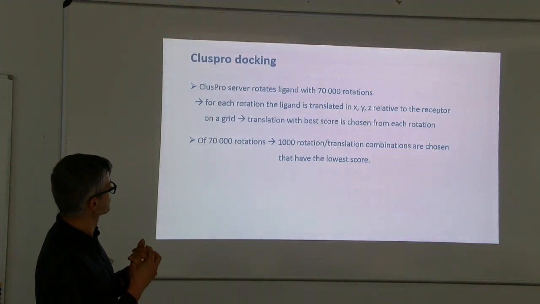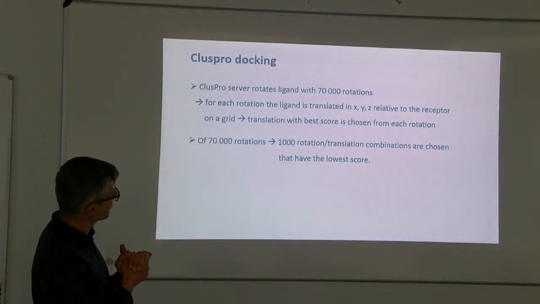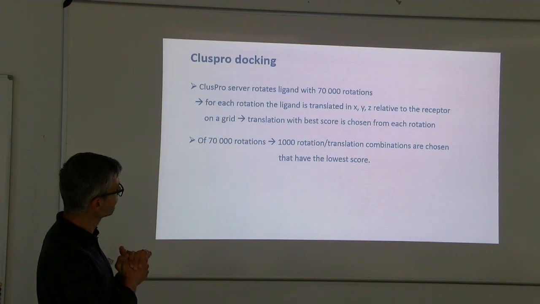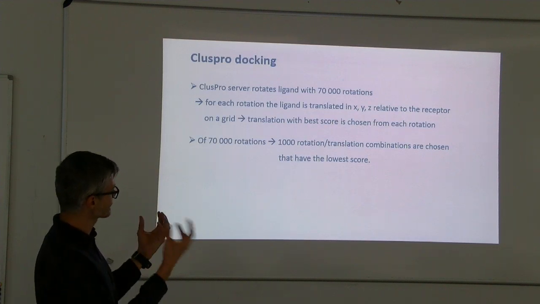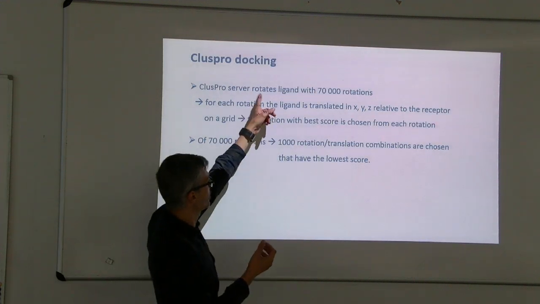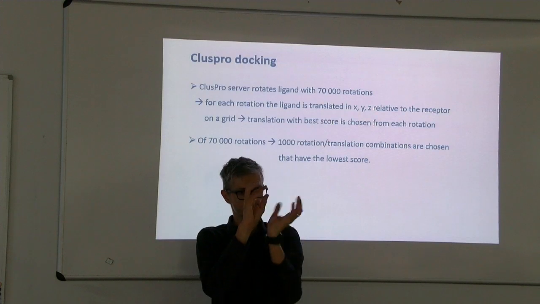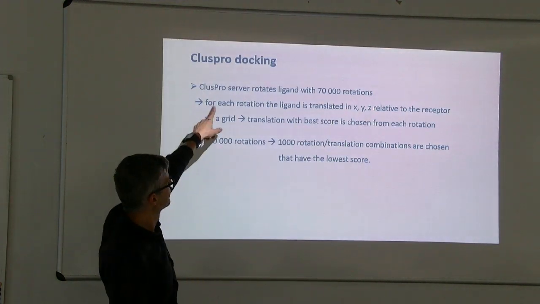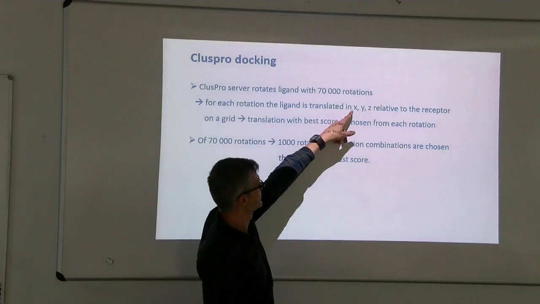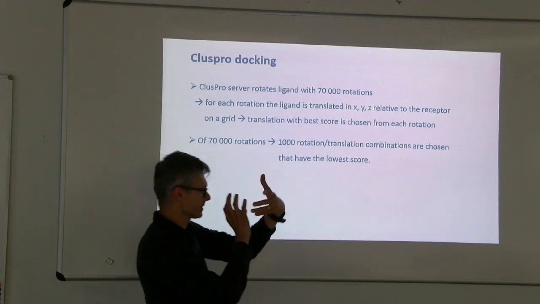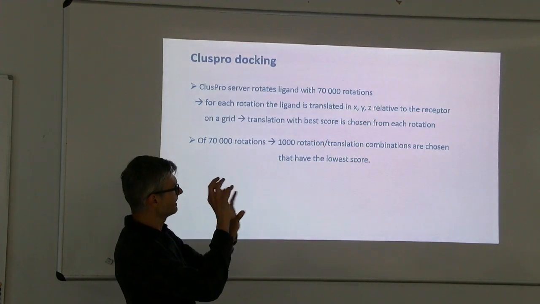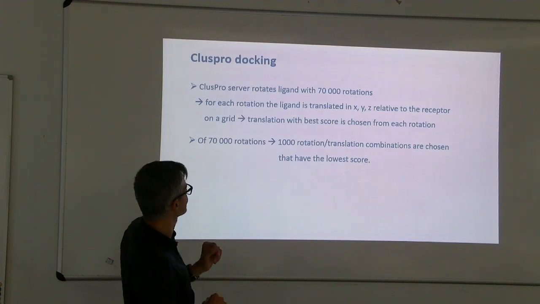So how does the Pro server work? You upload 2 files, one of your ligand, one of your receptor, and it starts by rotating your ligand for 70,000 rotations. And then for each, it translates in different x, y, z relative to the receptor. So it looks at how it can fit or make contact with your receptor.